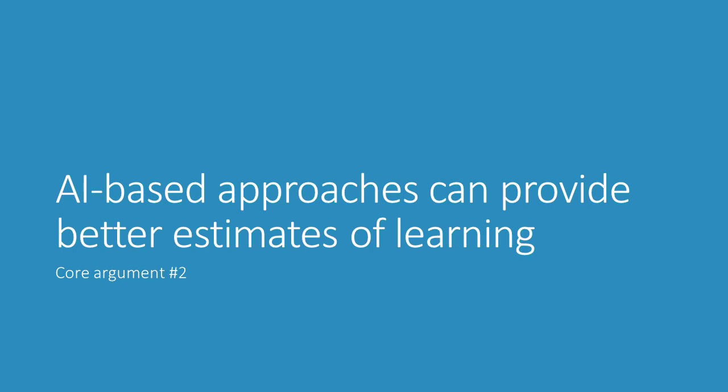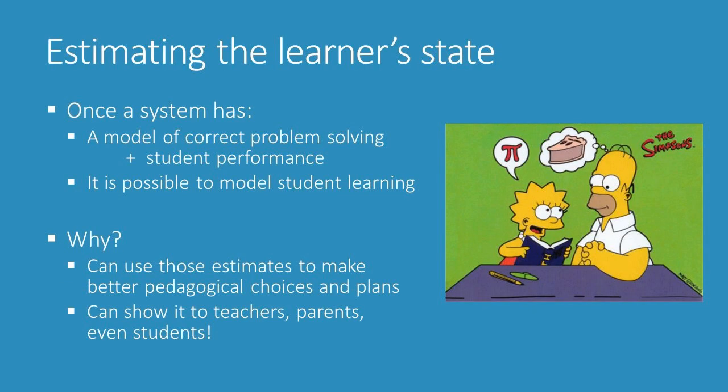So that gets into student models. This is what student modeling is: an estimate of what the learner knows at any given time, or how the learner feels, which I'll talk about shortly. When you add a model of correct problem solving to what the student does, you can compare those two, and iterate over that indefinitely.